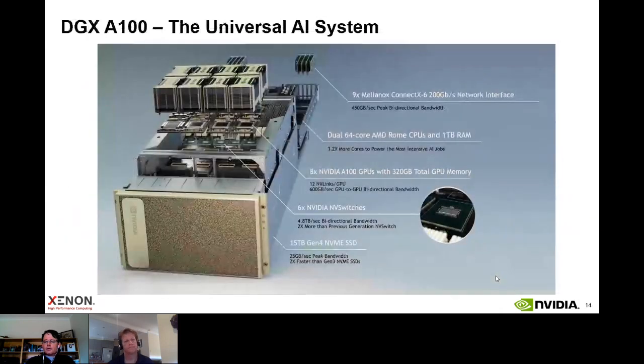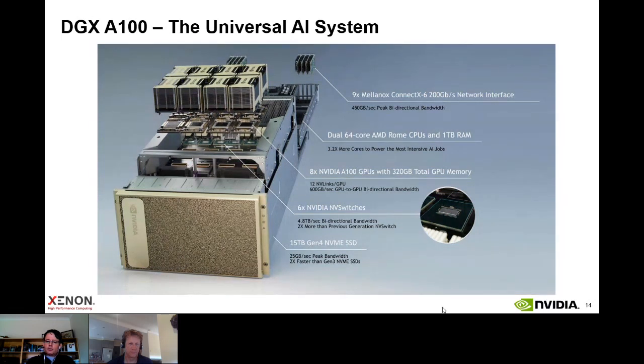So what does the DGX A100 now really look like, which is the core building block for these infrastructures? We have at the core, of course, the 8 NVIDIA A100 GPUs with 40 gigabytes of memory each. We have 6 NVIDIA NVSwitches, which tie them all together. And we have 2 64-core AMD EPYC CPUs with 1 terabyte of memory, which provide the basic server capabilities of the system.